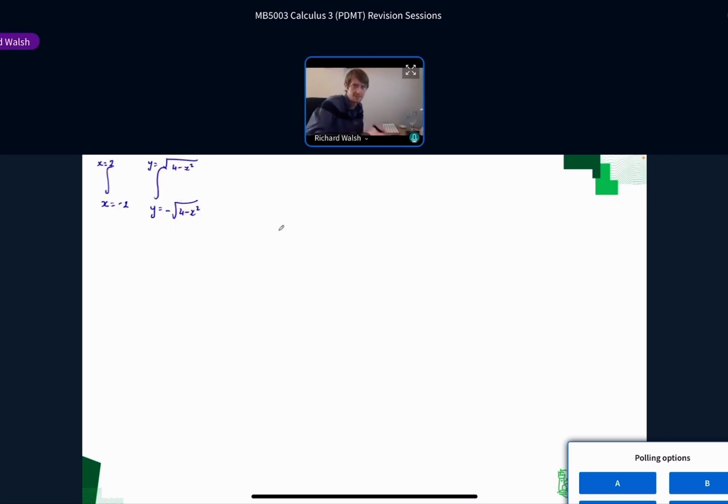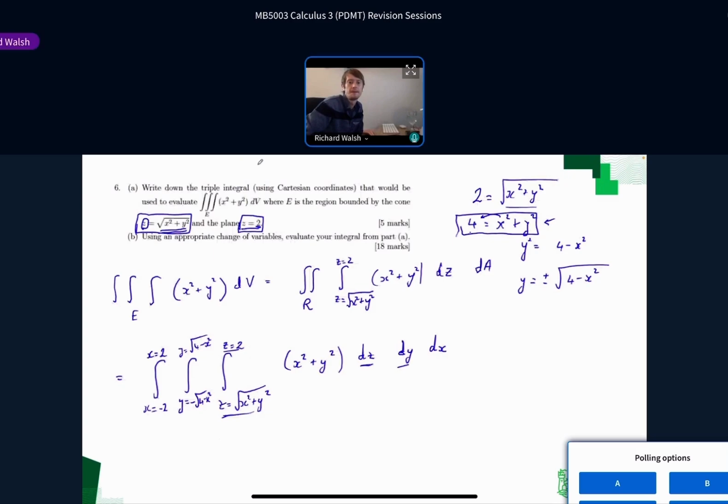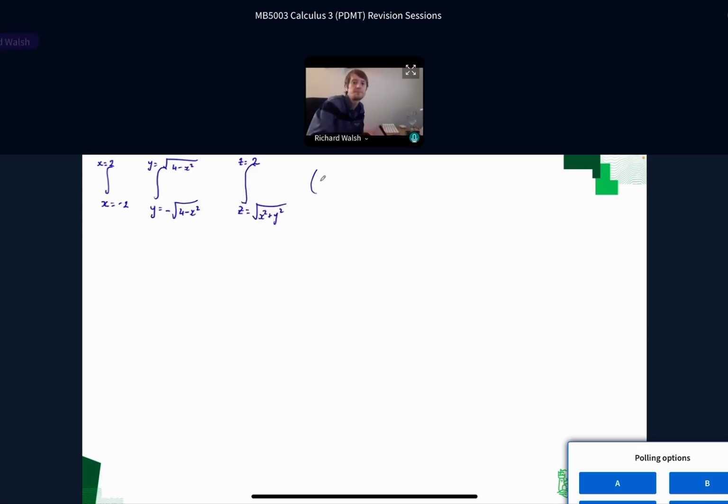And z from the square root of x squared plus y squared, dz dy dx. So in cylindrical coordinates, we have x squared plus y squared is r squared.